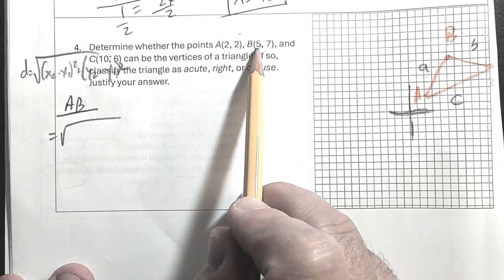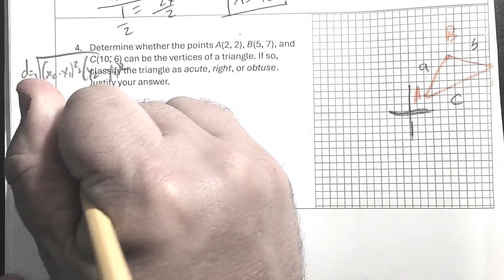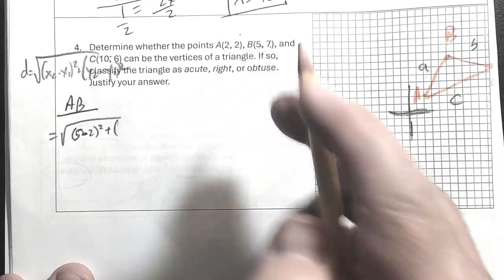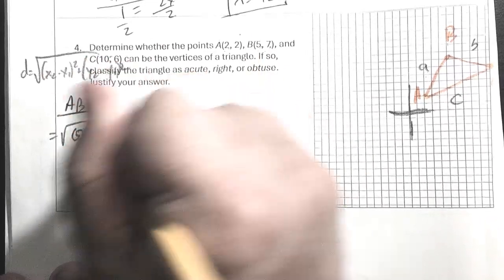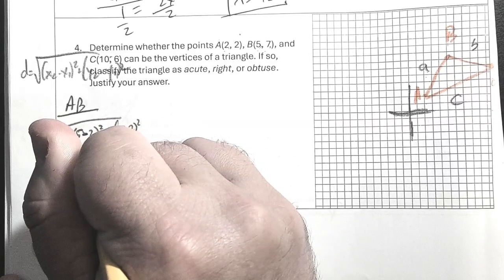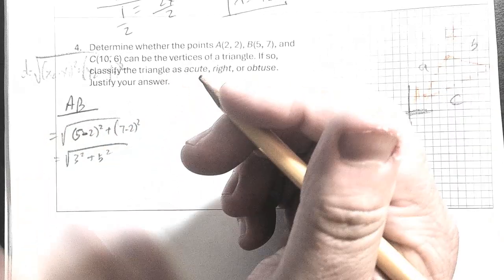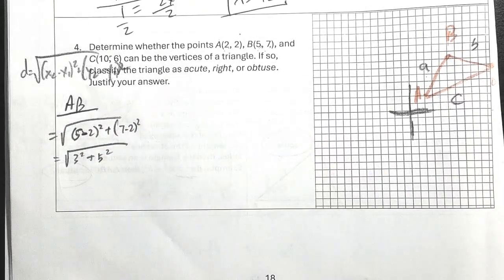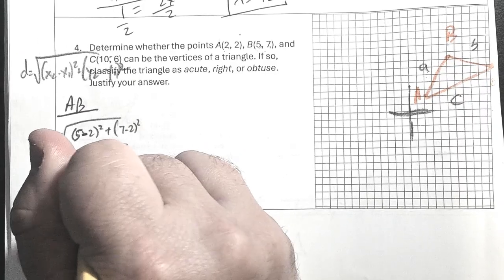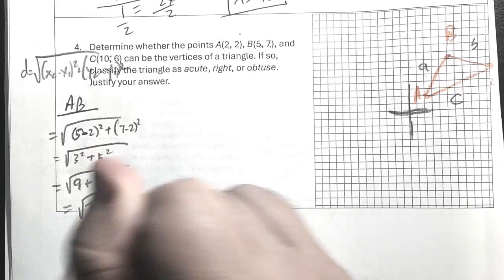All right, so the x's are 5 minus 2 squared, and then the y's are 7 minus 2. All right, so 5 minus 2 is 3, and 7 minus 2 is 5. Three squared is 9, and 5 squared is 25. Add those together, we have the square root of 34. That's AB.